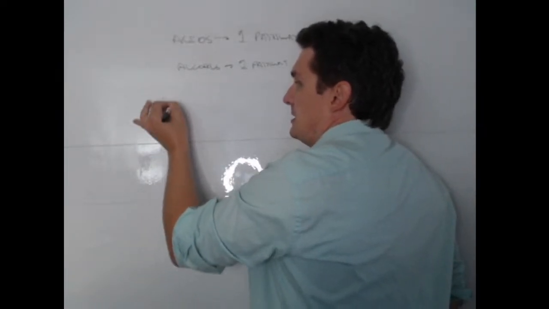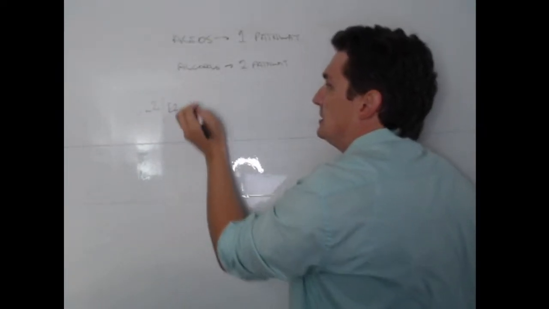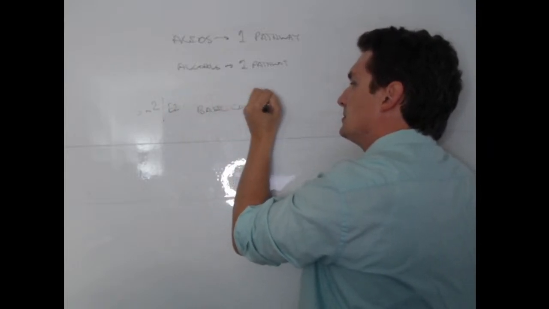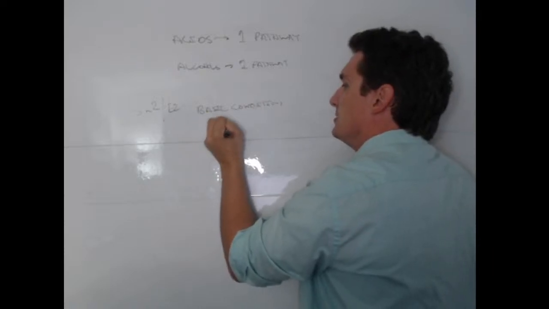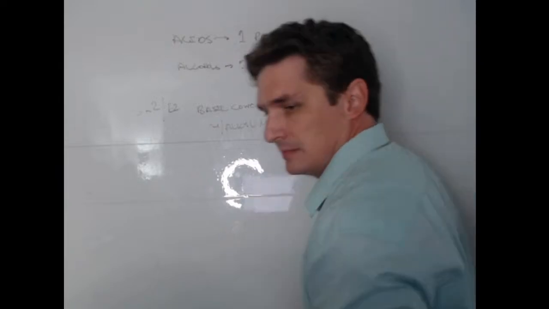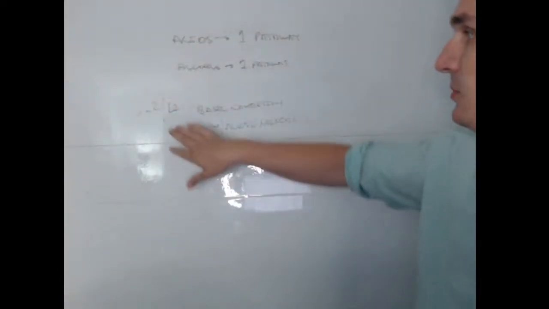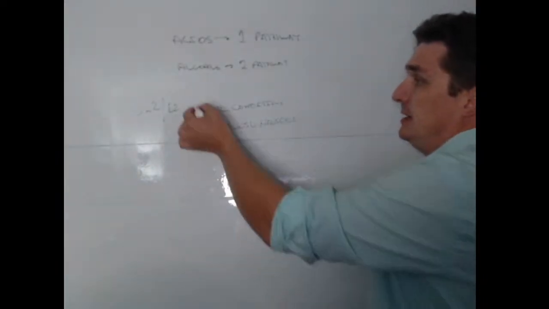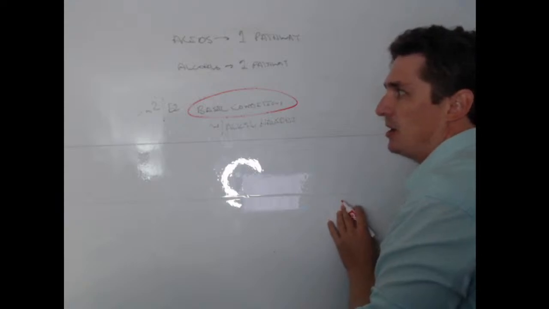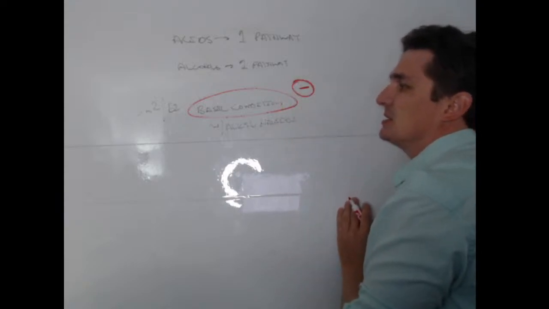Your SN2s, E2s, typically basic conditions with alkyl halides. The reason why these are going to do such a better job of not forming carbocations is that, one, in basic conditions, it's hard to form a carbocation when you've got a whole bunch of negative charges sitting around.